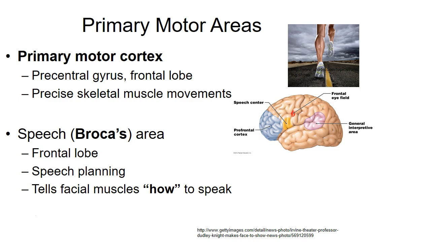Yes. The problem with understanding and responding to language outside of physical speech is not affected here. For all these areas of the brain that we're going to be talking about, one of the things you should think about is what happens if something goes wrong in that area? What's that going to look like? Not being able to speak is called aphasia, so Broca's aphasia.